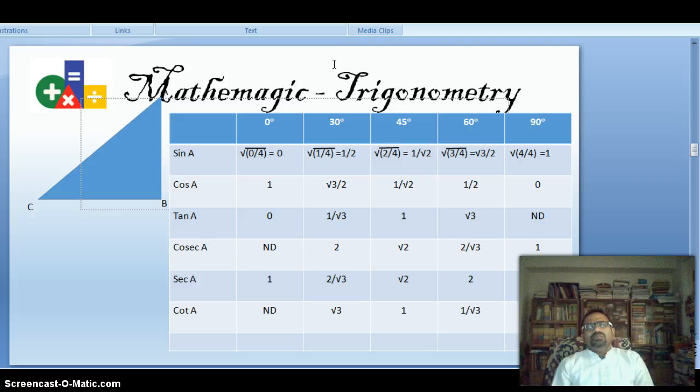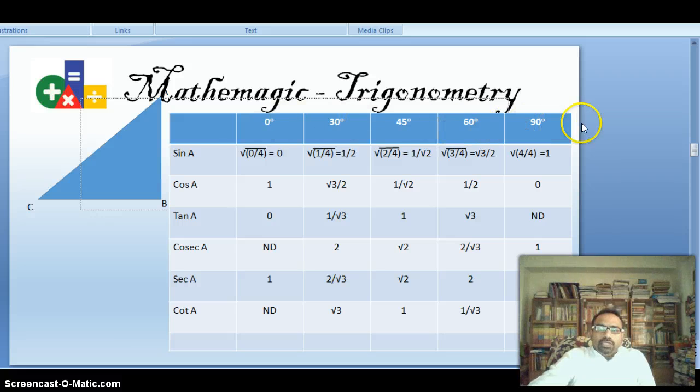Suppose you don't know anything and you wonder what these values are. There's an easy way to remember this by remembering just one part. Look at sine A, where A can have the values 0, 30, 45, 60, 90. Suppose you were to write this down.